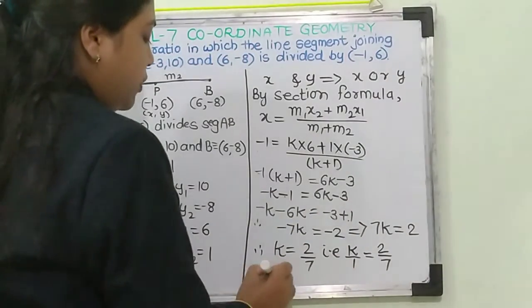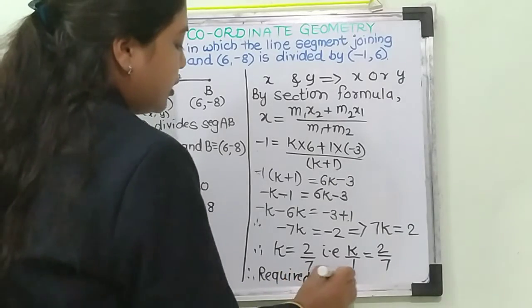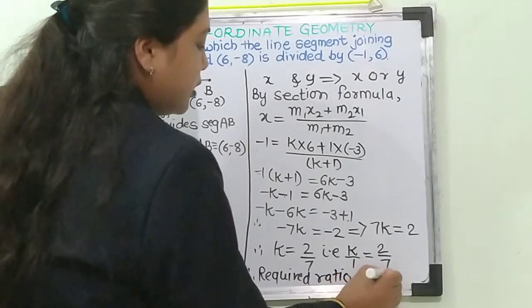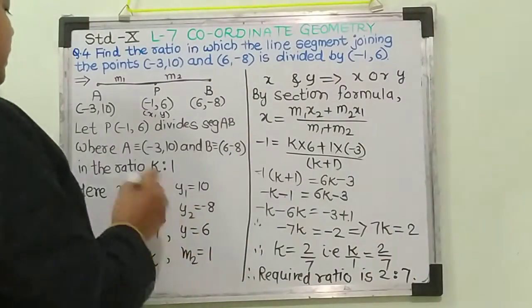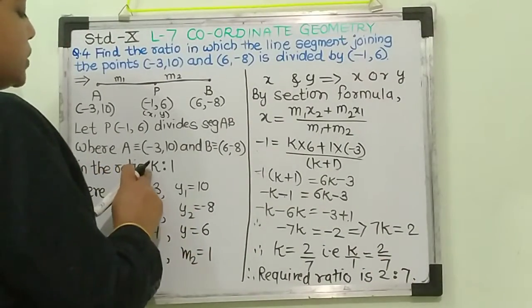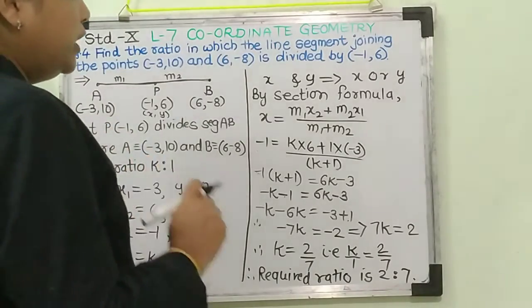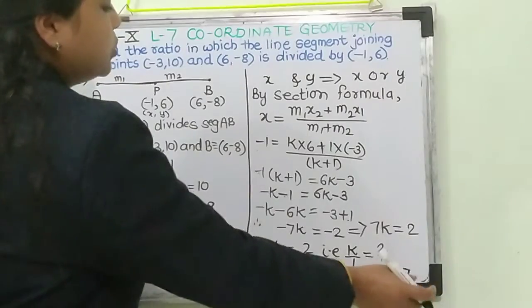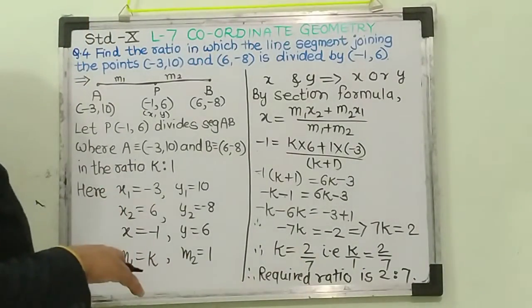Therefore the required ratio is 2:7, because here we took the ratio as k:1. So we get the final answer 2:7.